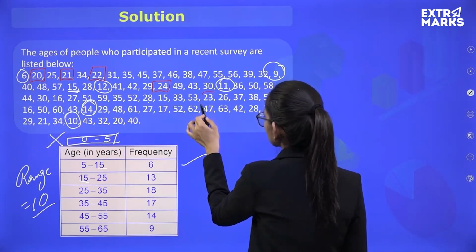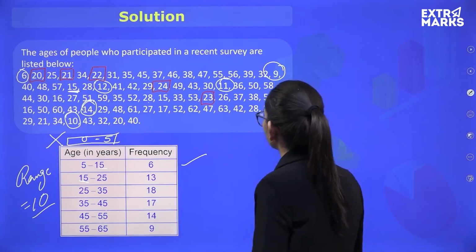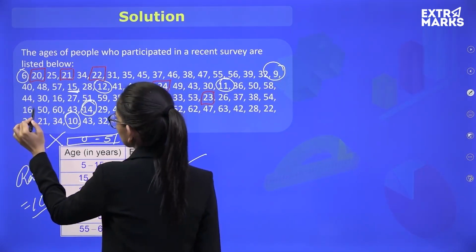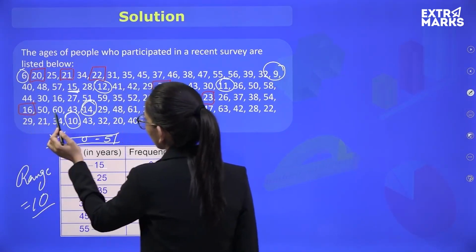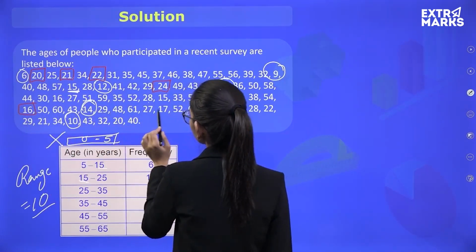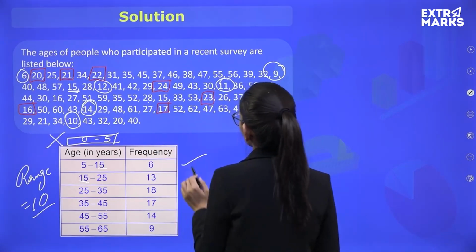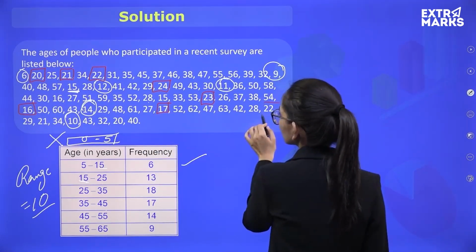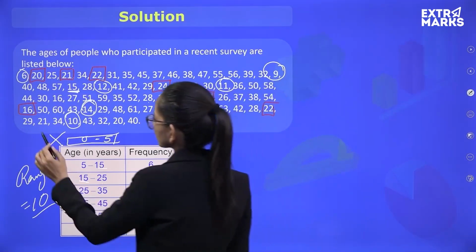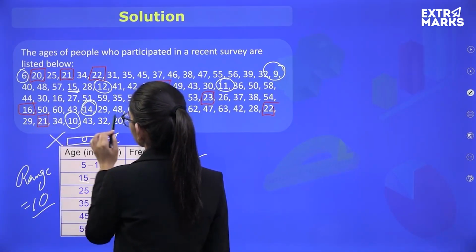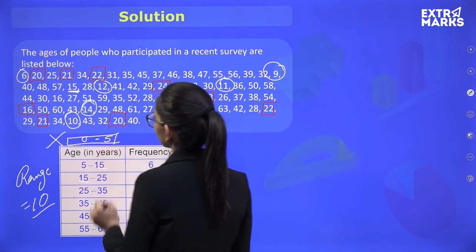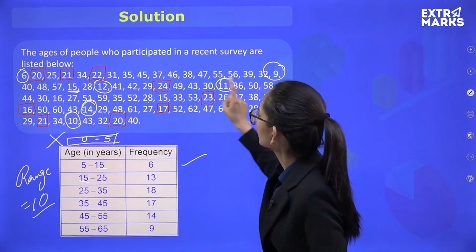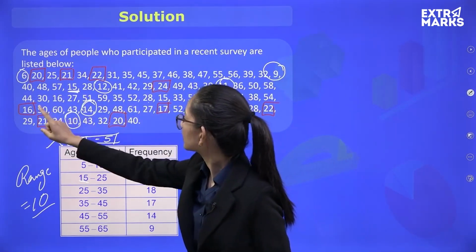Yes, I can consider 23. After that, I can consider 16. After that, I can consider 17. Then I can consider 22. Then I can consider 21. Then I can consider 20. Now let's count. 1, 2, 3. After that, 4. Then 5.